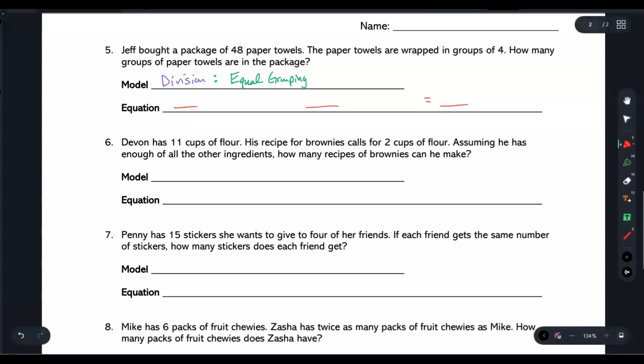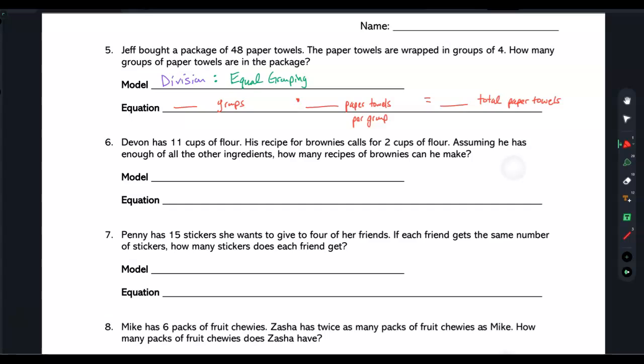I know that the second number in my multiplication is going to have to be either paper towels per group or groups per paper towel. Paper towels per group makes sense. So then that means this would have to be the number of groups, and this would have to be the total paper towels.